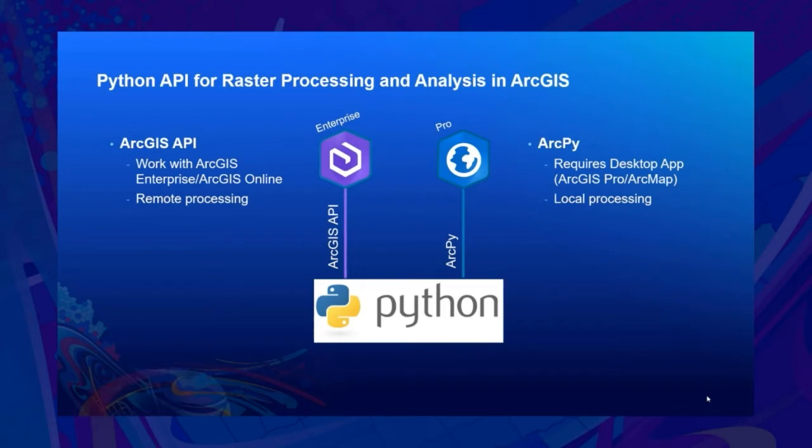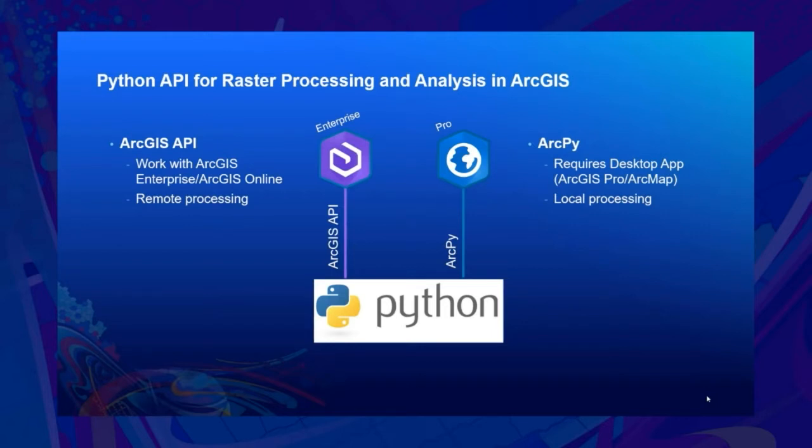In this environment, you actually execute your Python, but the operation happens on a remote server. It's a remote processing. On the other hand, you have ArcPy in Pro, where you run your script on a desktop app like ArcGIS Pro, and then the processing happens locally on your computer.